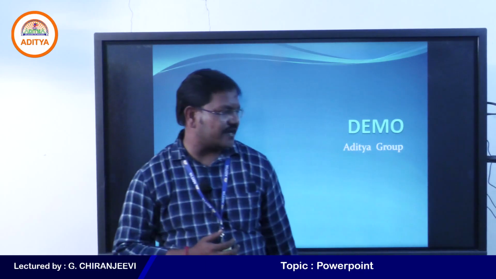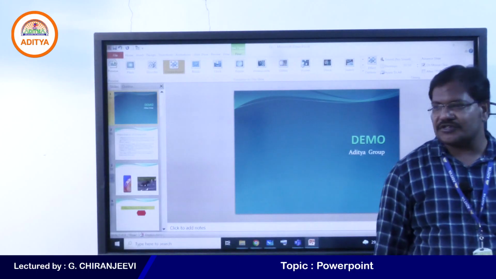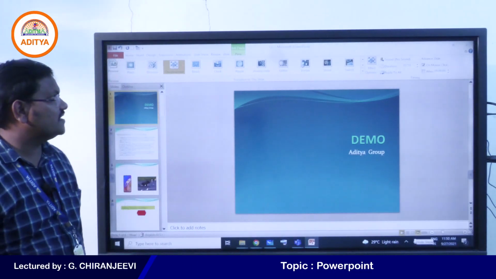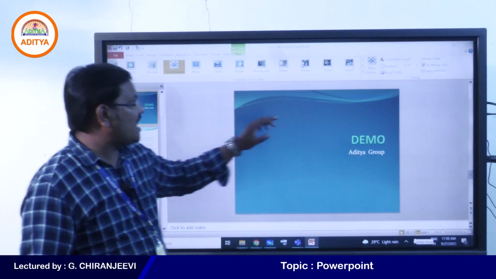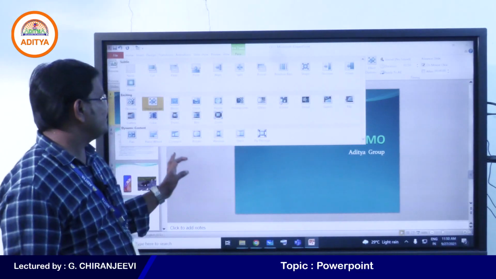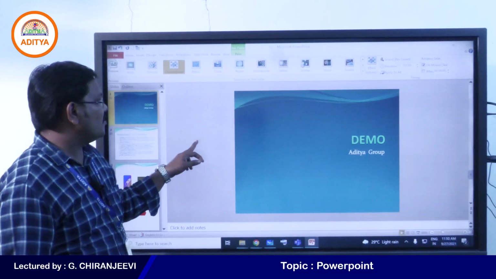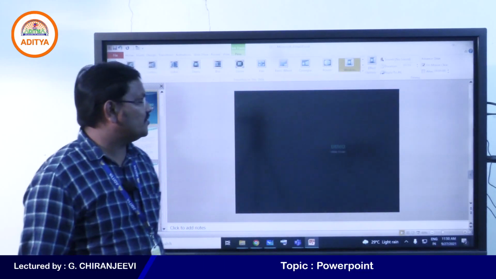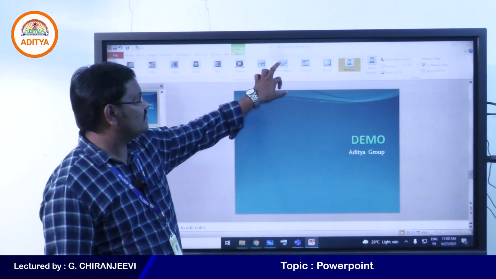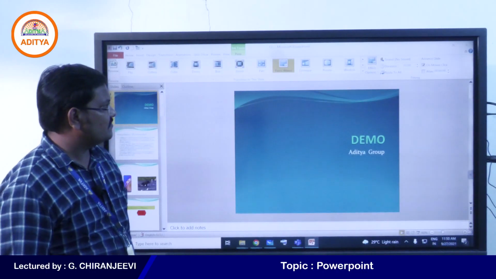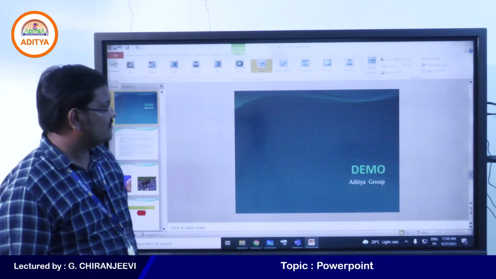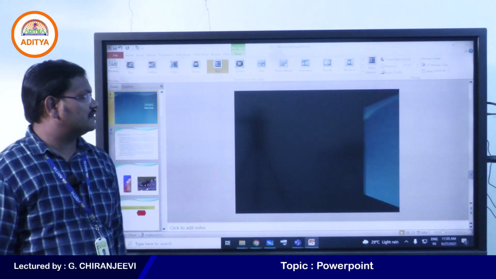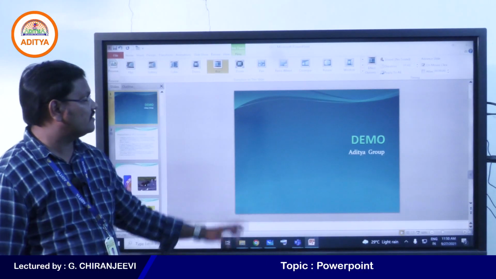Okay, so how to put transitions? Click on transitions here. There are n number of options. When you click on each one, the preview is automatically available for you. See, I am showing different effects. Box, just like a box it will appear.